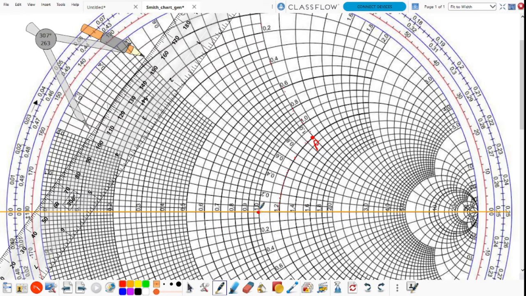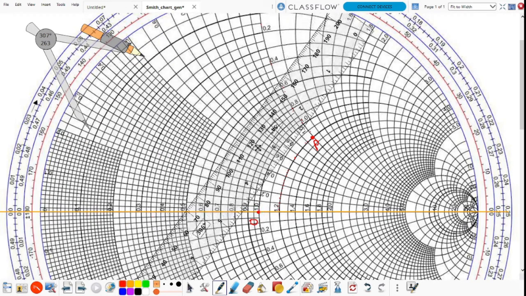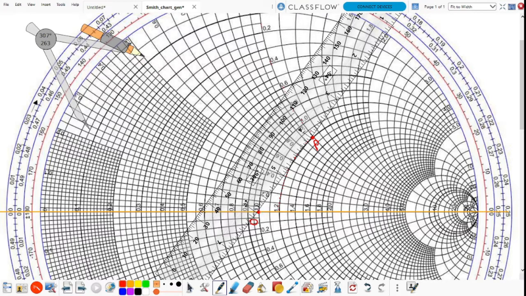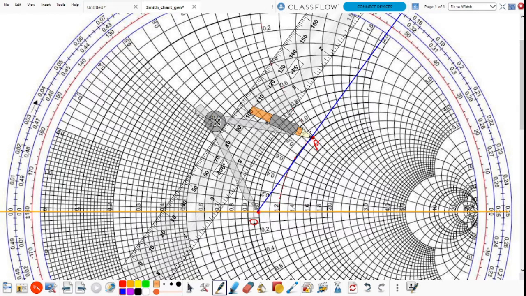This center point is considered as O. After that, using a scale, connect point O and point P. Then using a compass, with O as the center point and OP as the radius, draw the VSWR circle.